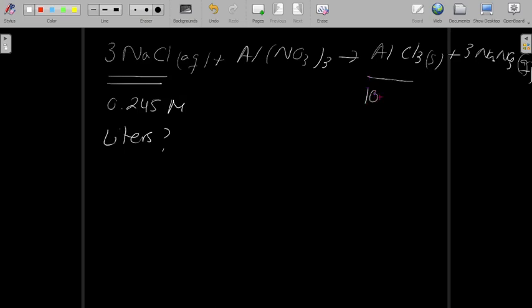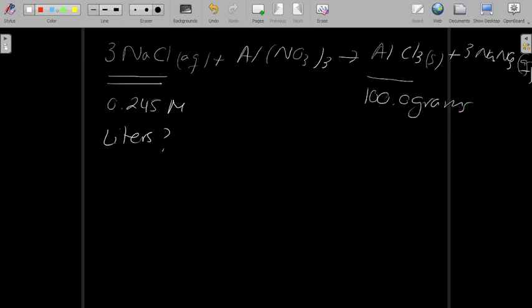So they want to produce 100 grams, according to the following reaction. That's all the information they give you. Now remember that the equation does not give us information in grams, it's all in moles. So anytime that they give you grams, you are going to have to translate the information into moles.